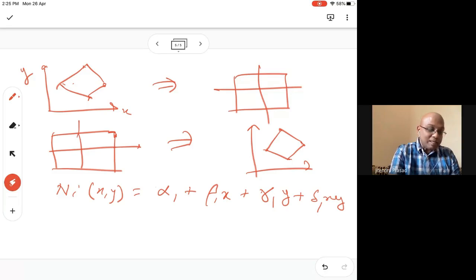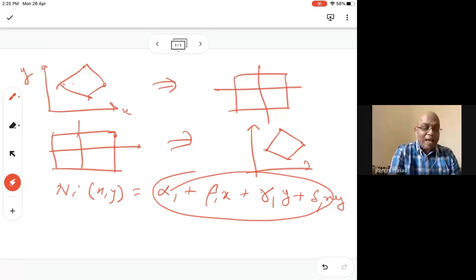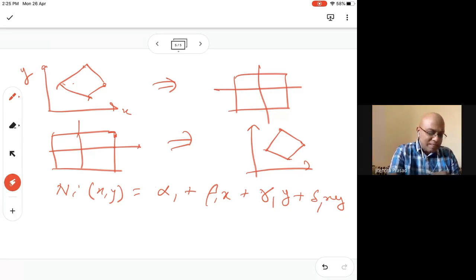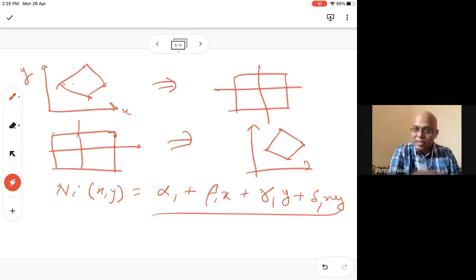So as such, our shape function will be something like this only. Instead of using this one, if we had to use this directly, we would have used the Pascal triangle. From there we get 1, x, y, xy, and it would have been correct. To begin with, it would have been correct.